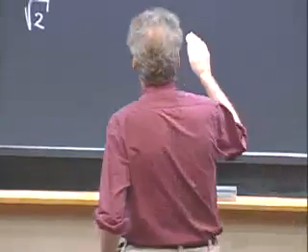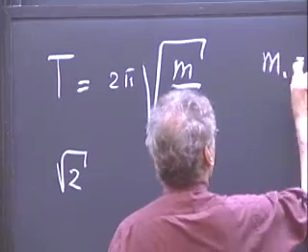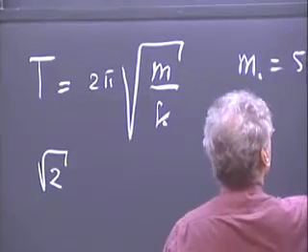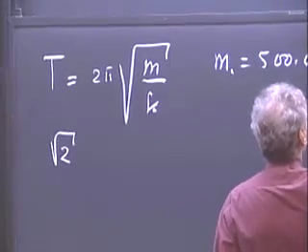Now, whenever you want to do a measurement in physics, whereby you want to compare numbers, so you have a certain goal in mind, a measurement without the uncertainty in the measurement is completely meaningless. You must know the accuracy of your measurement. So M1 is 500 plus or minus 0.2 grams.